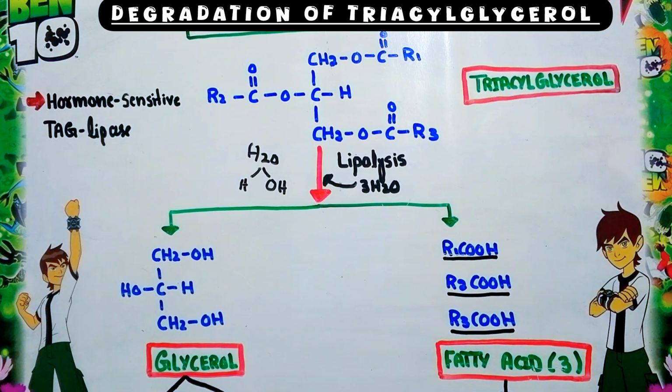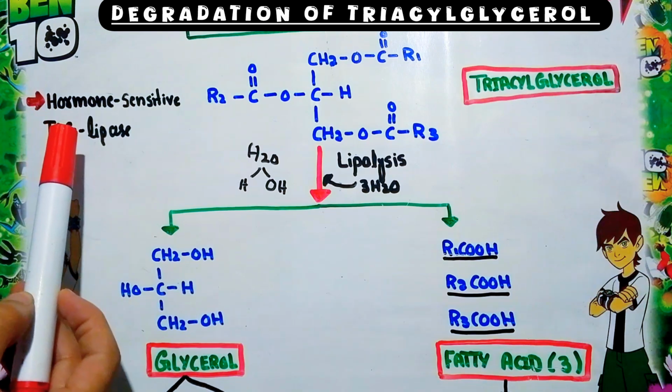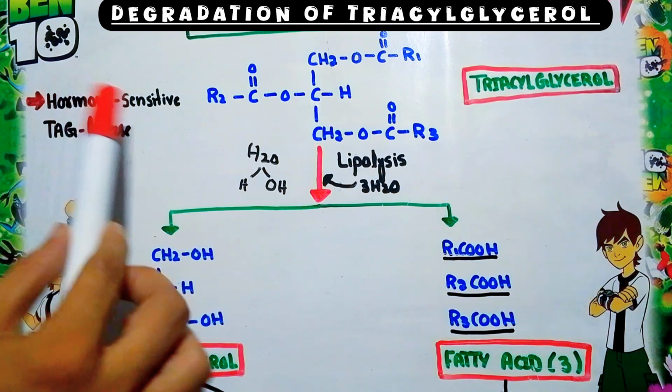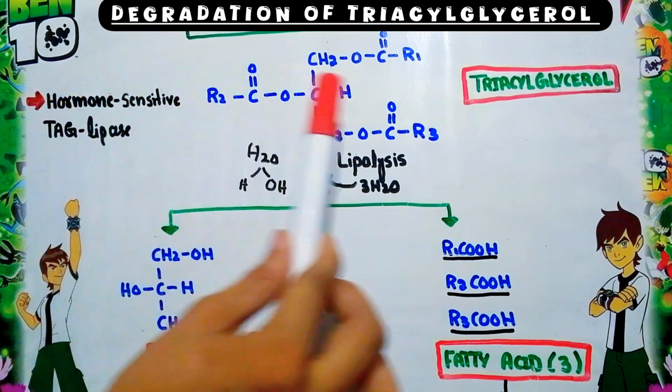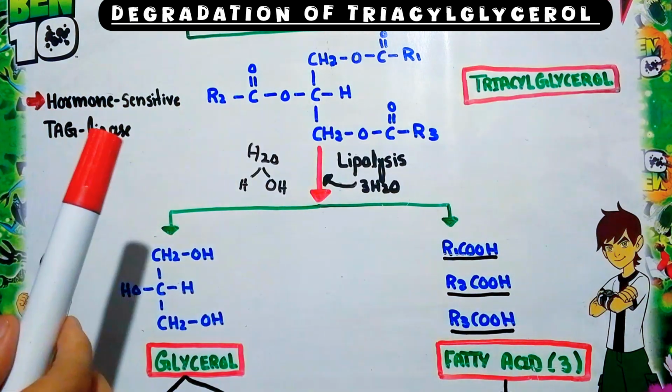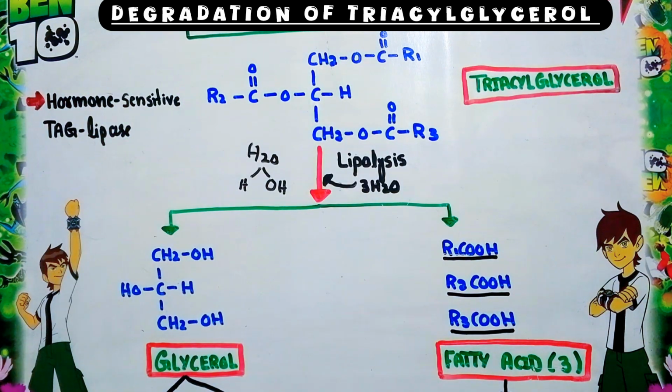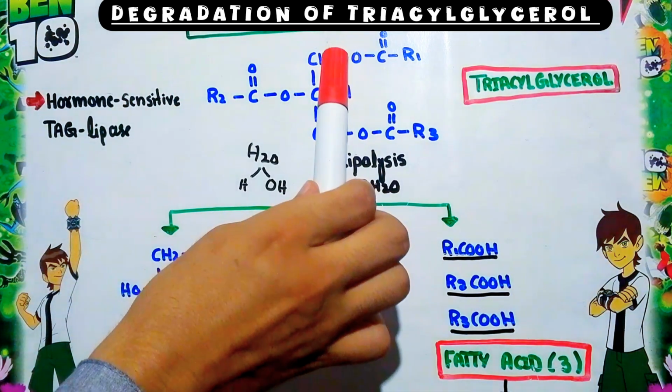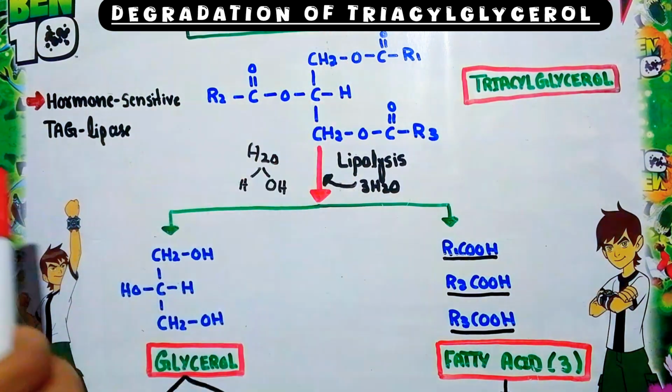Actually, this is not as simple as what we discussed here. This is a complex process and occurs with the help of specific types of enzymes, actually the hormone sensitive triacylglycerol lipase enzyme. This enzyme acts on the triacylglycerol and removes one fatty acid, either from the first carbon or from the third carbon.